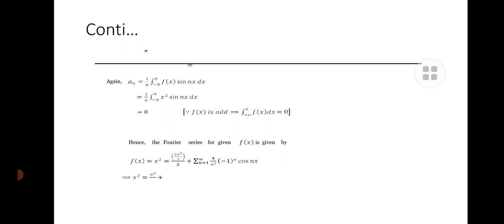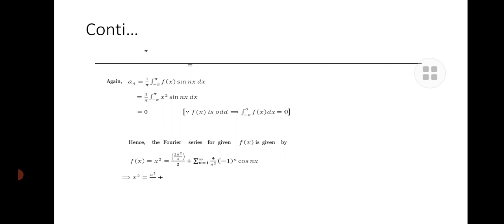So the integral 1 divided by pi, integral of minus pi to pi x square sin nx dx, using the same by parts rules, we can write it as 1 divided by pi times minus 1 by n square cos n pi minus n square cos n pi plus 2 divided by n cube cos n pi minus cos of minus n pi.